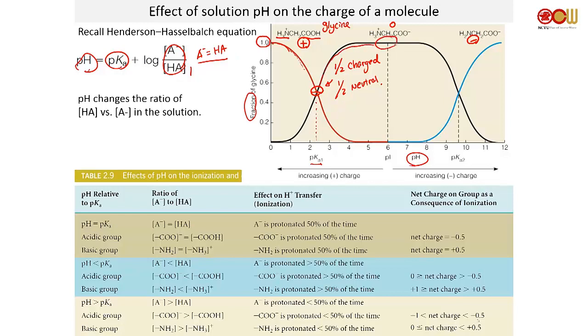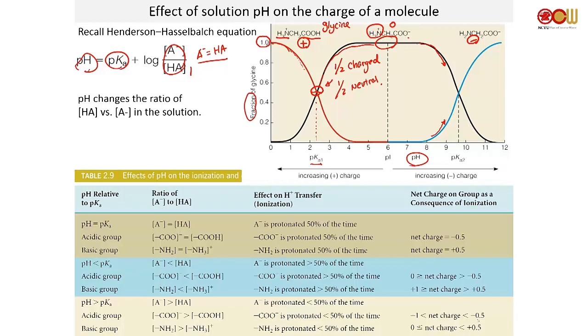As you're titrating it further using NaOH, gradually you are reducing your positive charge, and eventually you end up at your zwitterion form, okay? And then you keep on adding your OH minus. Gradually you start to pull away the proton on the amino group. So you can see how the neutral form is going to decrease in population, and the basic form, or the minus charge form, is going to increase in population.